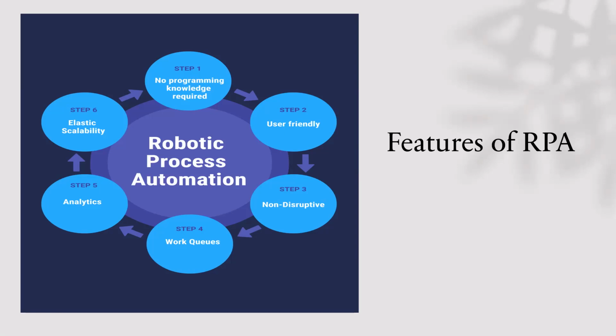Then it's elastic, and it has a very huge scalability. That's what I said, RPA can be deployed to solve small problems or small use cases, and then it can also be scaled up to a very huge amount of data. These are the features of RPA.